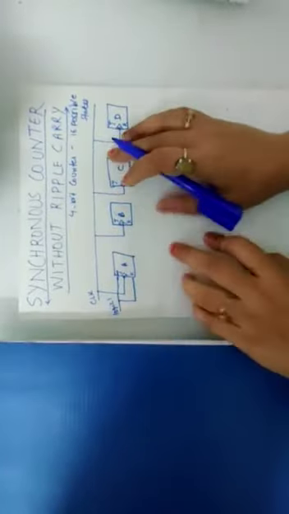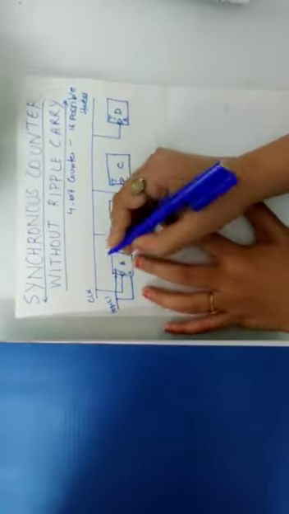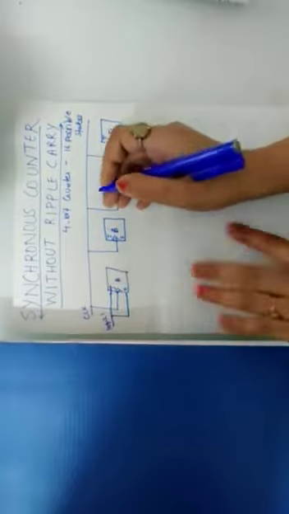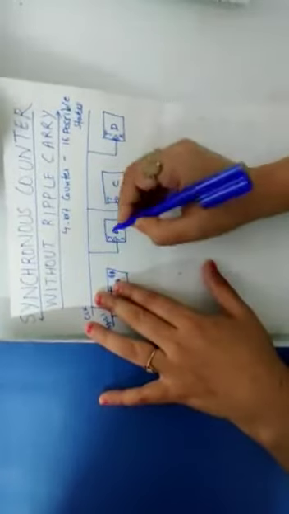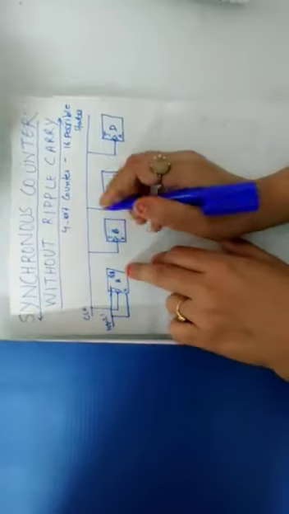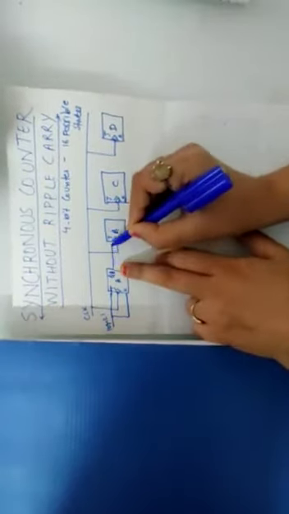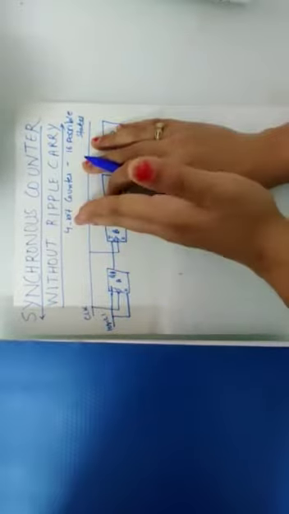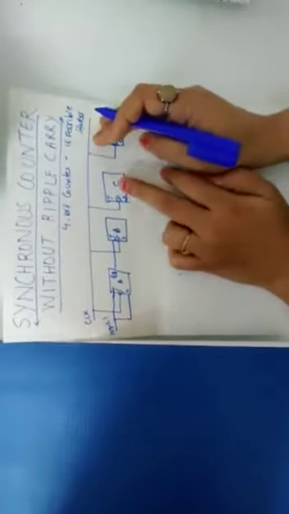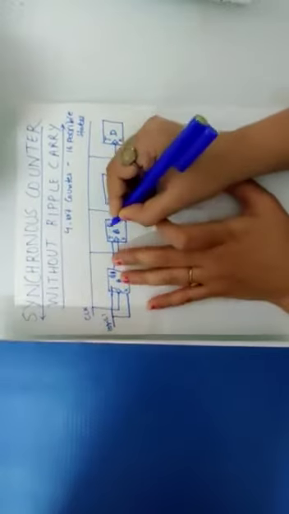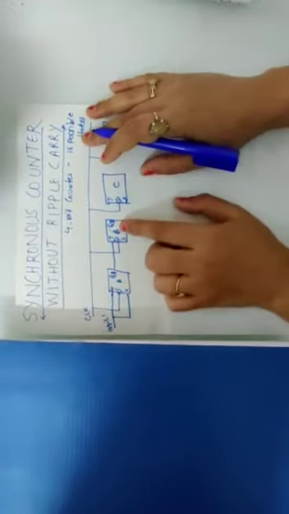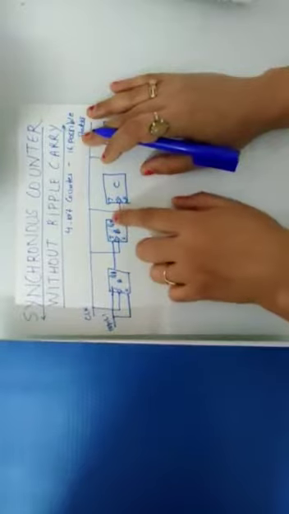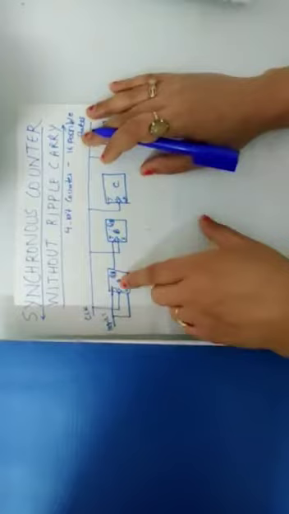So they are connected together with logic 1. Now the second flip-flop will take its inputs directly from the first flip-flop, QA, because there is only a single output that can be fed to the second flip-flop. Now for the third flip-flop, ideally it should take the output from B, but QB is directly connected to QA.